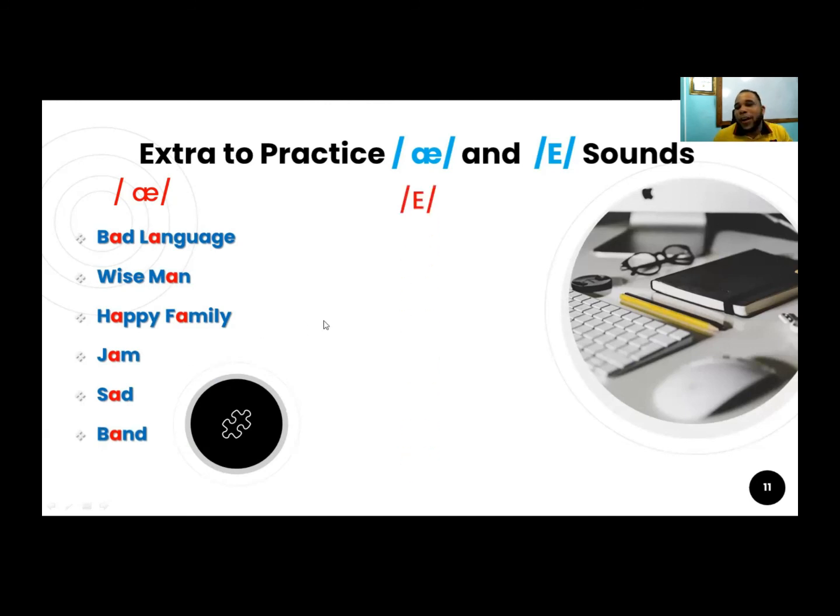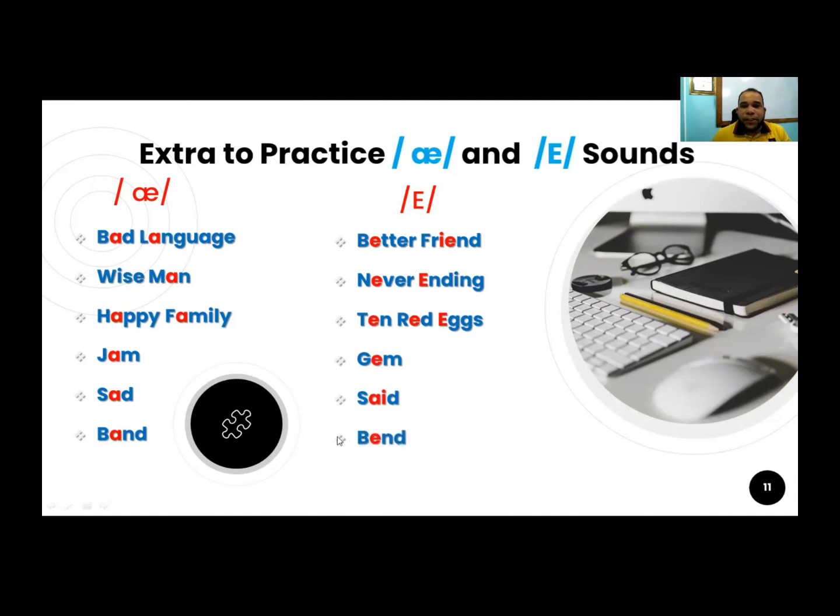Now check the other one, the E sound: better friend. Better friend. Never ending. Never ending. Ten red eggs. Ten red eggs. Jam. Set. Bend.